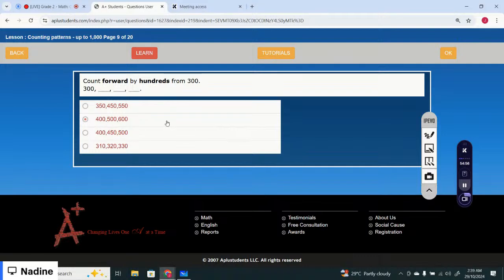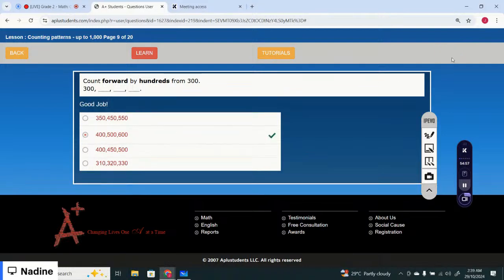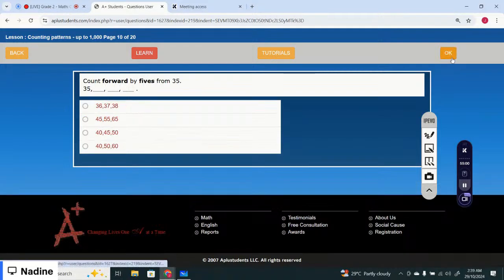That's the second one. Count forward by fives from 35.